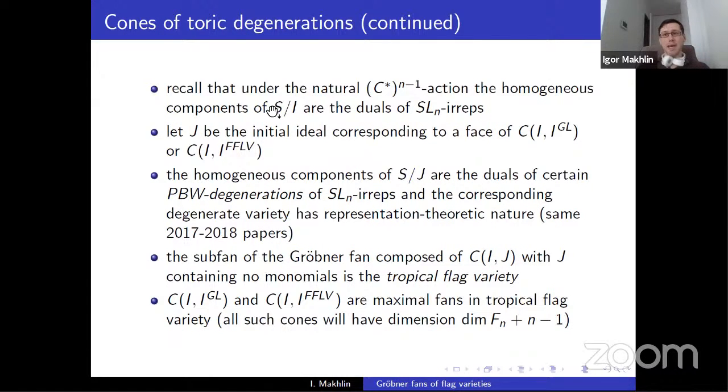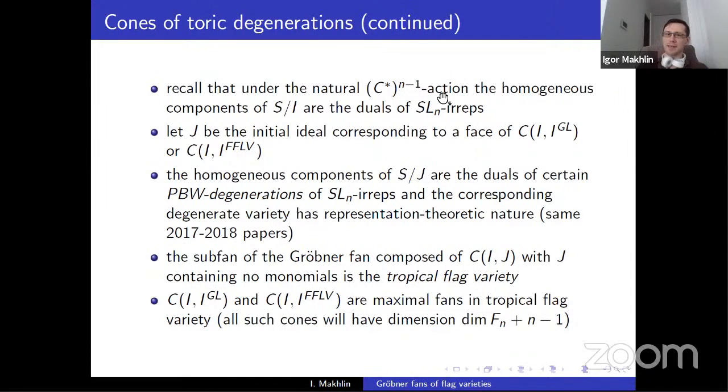And if we have a torus action, a torus action is the same as a grading, an integer grading on the ring. So the ring is the direct sum of its homogeneous components with respect to this torus action.